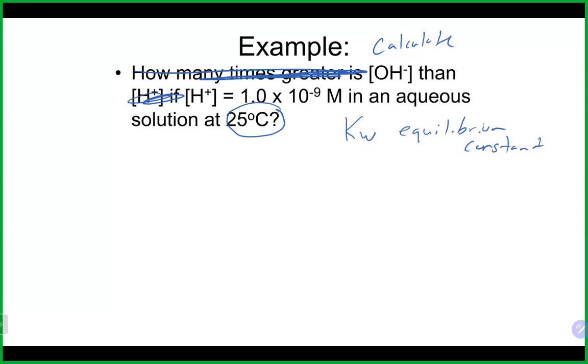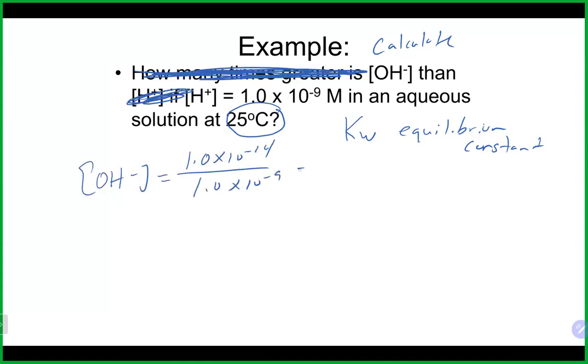But for our class, you could probably safely assume in every situation it's 25 degrees Celsius, even if it doesn't mention a temperature. Technically speaking, if it wasn't 25 degrees Celsius, the value would be slightly different. But it's almost like a constant because in most cases, that's usually the temperature for these type of problems. And again, here 1 times 10 to the minus 5 molar is what you should end up with.